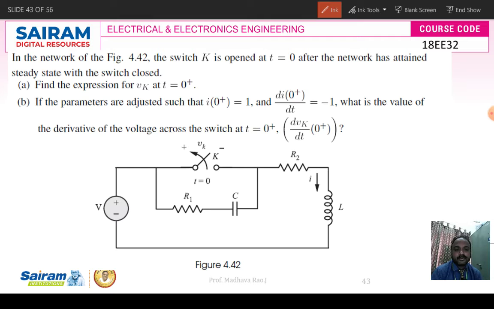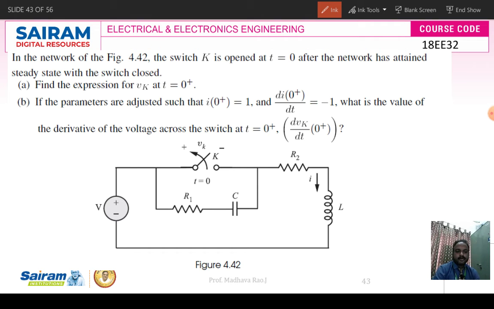You can substitute those values directly in this problem. In previous problems we were calculating i(0+) and the derivative of i(0+), but here those values are directly given, so no need to worry about that. We can just find the derivative of Vk with respect to t at t equal to 0 plus.